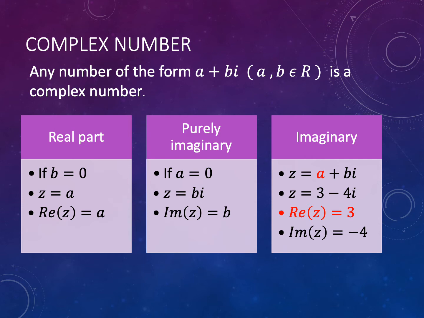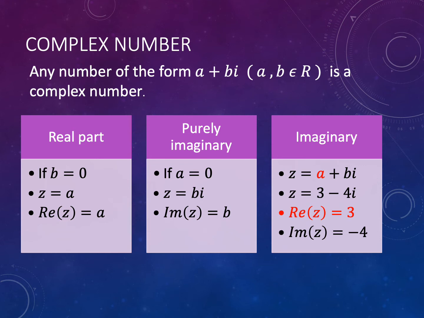If b equal to 0, then z equal to a, which is a real number. If a equal to 0, then z equal to bi, which is an imaginary number. If a and b are not equal to 0, then z is called a non-zero complex number.